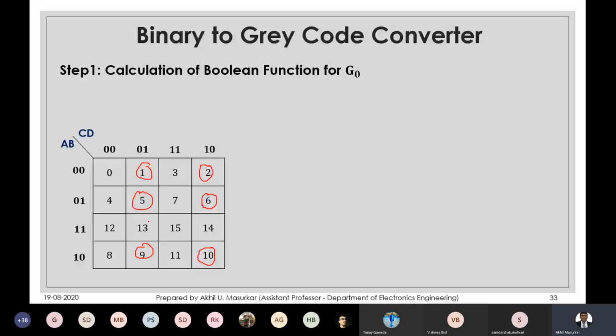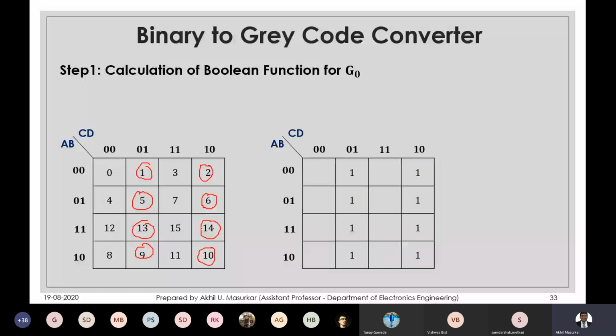So these are going to be the positions of the ones. And obviously you can see now C bar D plus CD bar. Great. Deepak has given the right answer. Shubham, Gaurav, okay, great. C bar D plus CD bar, that is G0.